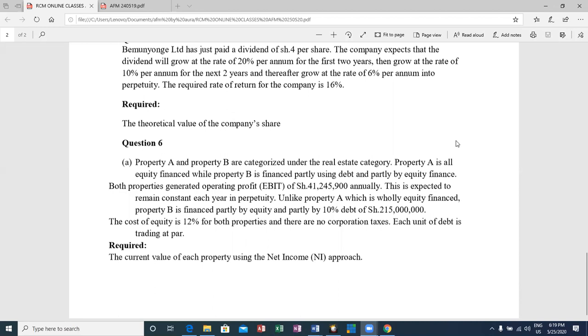So 215 million, what I want is the interest. So have they given us the coupon rate of this interest? Yes, they've told us property B is financed partly by equity and partly by a 10% debenture. So 10% of 215 million, which will end up giving us 21.5 million.